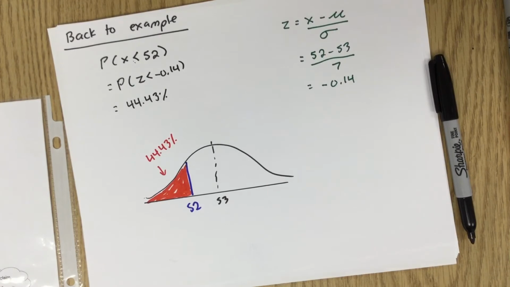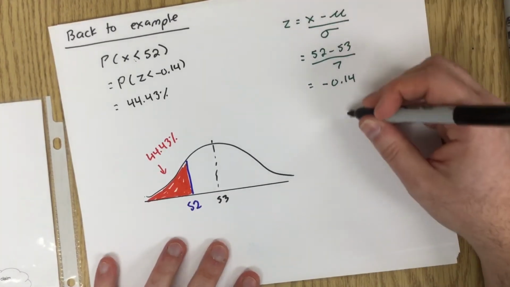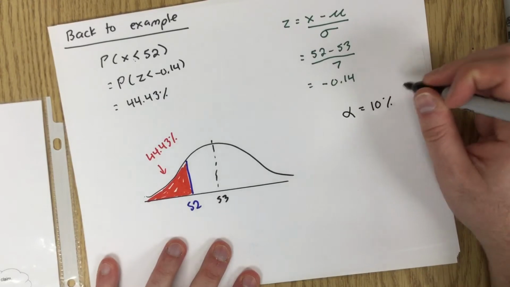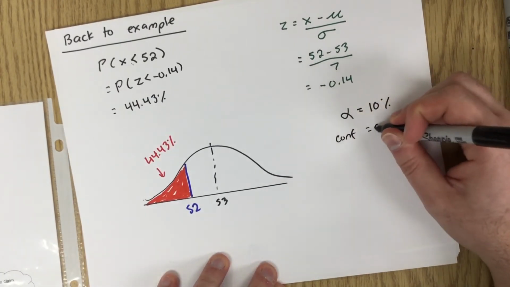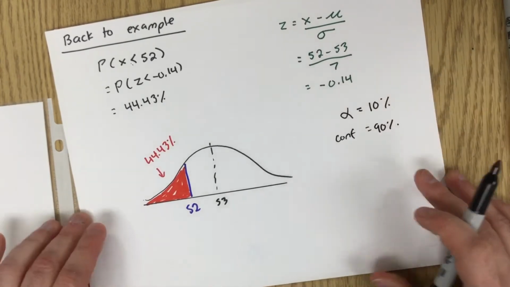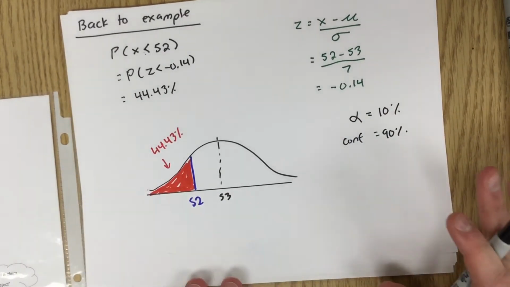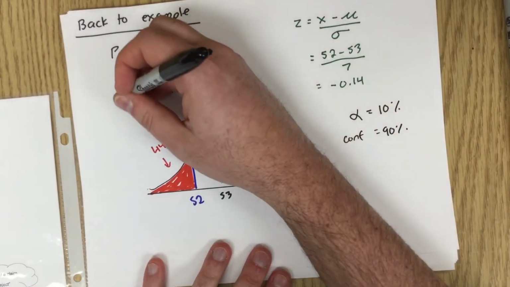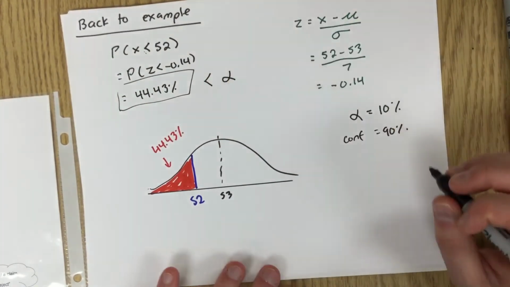So remember I said that for this example, the alpha is 10%, which means that the confidence is 90%. So what we're going to say is, in order to reject the claim, this probability has to be less than the significance.